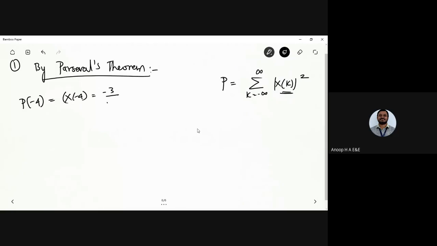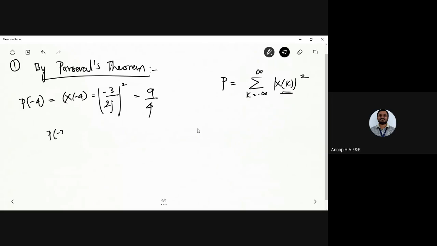Anywhere you are squaring it, it is not a problem. So take the modulus of it and square it. What are you going to get? 9 by 4. Exactly, you are going to get 9 by 4 there.